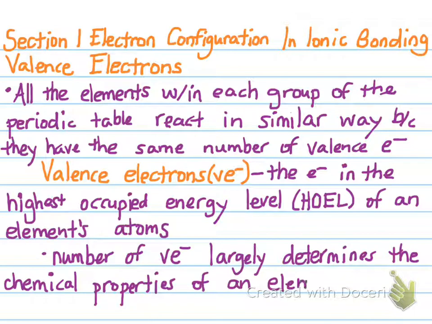So pretty much all of the chemistry of a particular element or atom is because of the number of valence electrons it has. So we need to know how to figure that out.